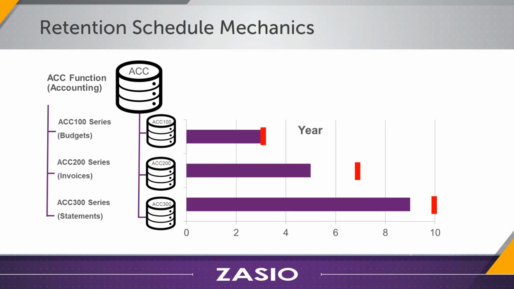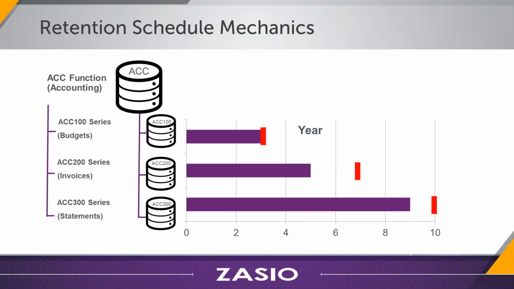If we take that accounting function, ACC, and break it up a little bit, we have some smaller individual record series created. We've added three: accounting 100 for budgets, accounting 200 for invoices, and accounting 300 for financial statements. Each record series gives us an additional layer of detail that helps our retention schedule more accurately reflect the business, and it lets us have more delicate control.